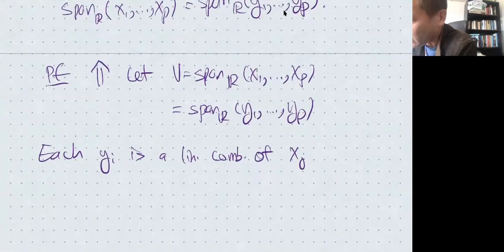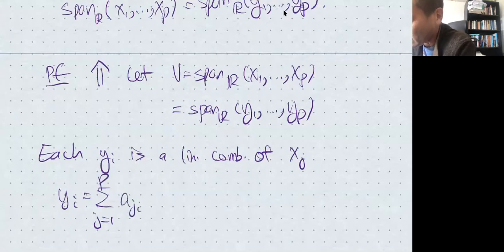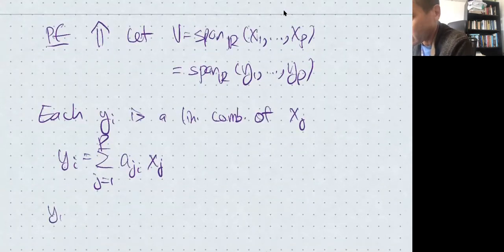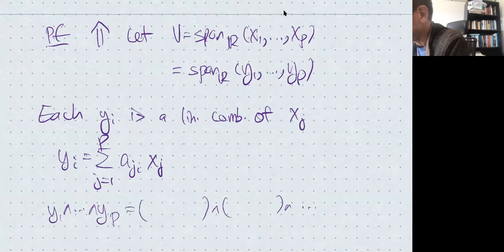And so yi is the sum over j from 1 to p of a_ji xj, and therefore y1 up to yp is a wedge of these.